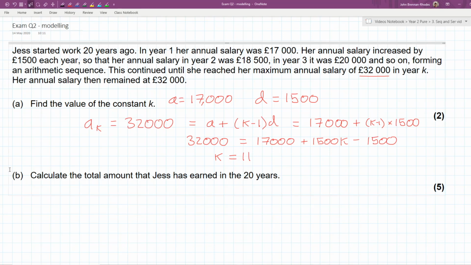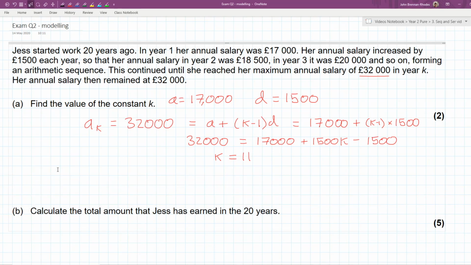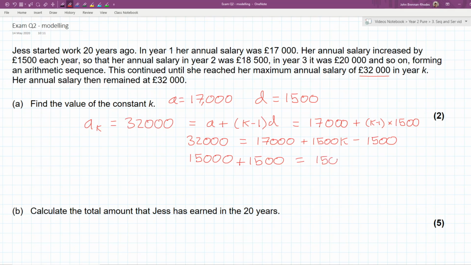Actually, should we do it? I've skipped and just used the fact that I know the answer. Let's just do it properly and actually work it out. So firstly, I'm going to take that away from there, and we'll get 15,000 plus 1,500 equals 1,500K.